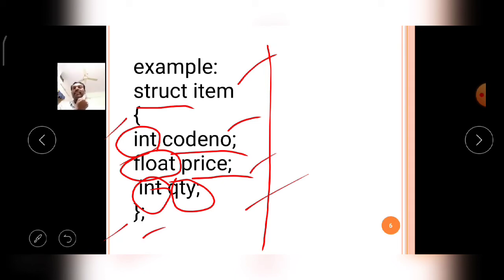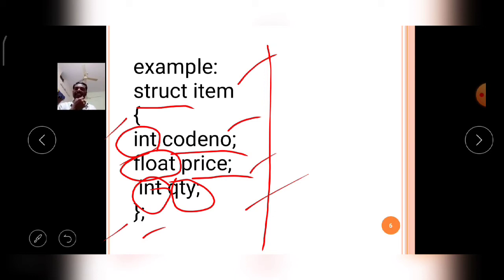That means there is no limit; only two members or three members being available is not a rule. According to the requirement of the program, you may take structure members as 2, 3, 4 or n. Maybe the same data type, maybe different data types also.